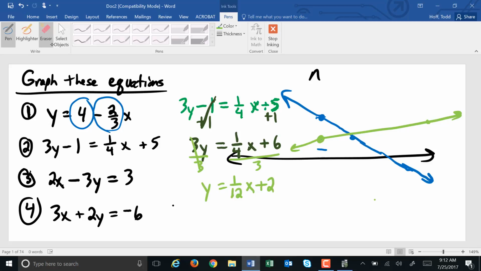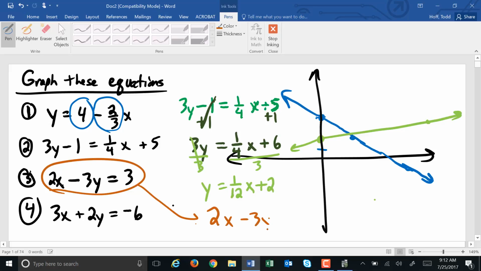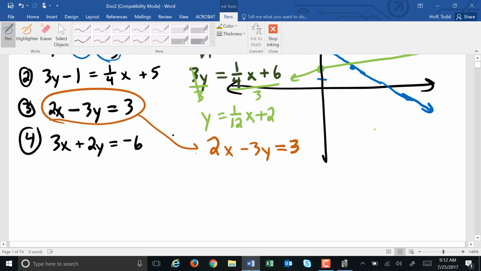Oops, didn't mean to take that one away. Number 3. Well, again, we are not in the form of y equals, so we're going to have to do some work with that one. So we have to get y by itself. Where are we going to start with this one? We're going to subtract the 2x to get rid of it, which gives us what?